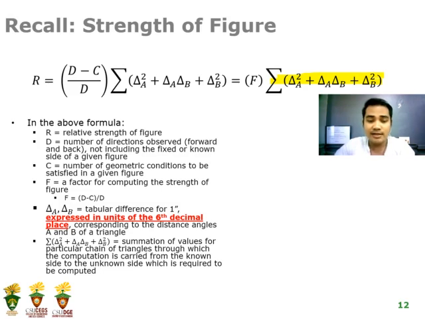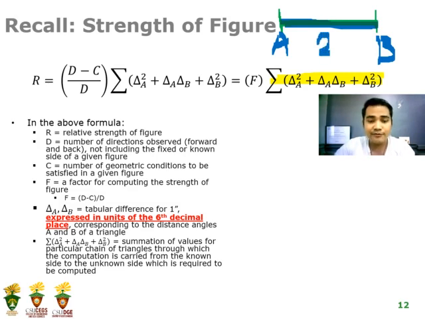What that means is, if there is a line, for example this is station A and this is station B, and from station A to B it is observed, and from B to A it is also observed, so that is two, and it is counted as 2.